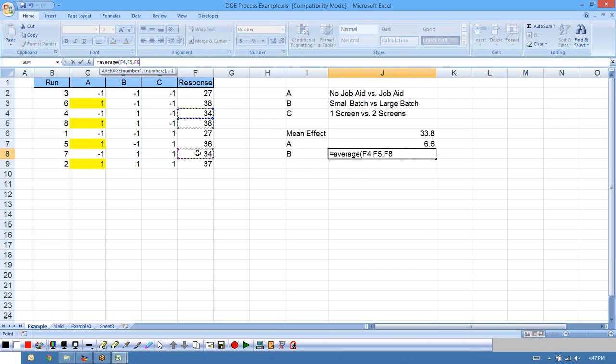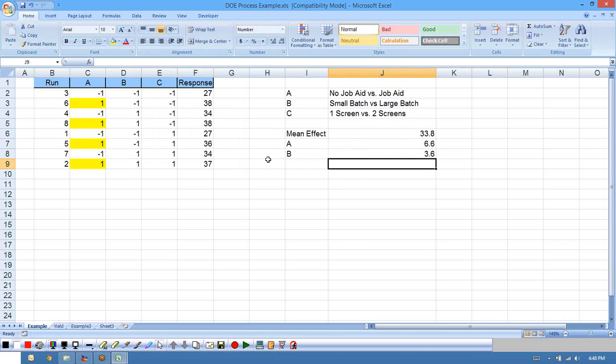This, minus the average of this. The effect of B is a little bit smaller. The effect of doing the small batch versus the large batch is actually a little bit smaller. It's actually 3.6.